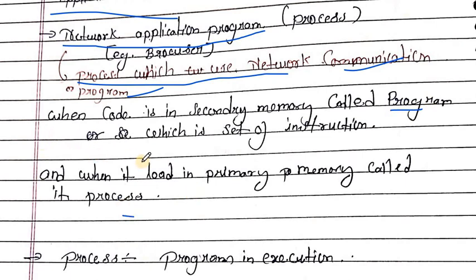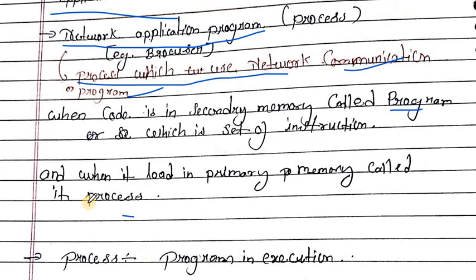When the code is in secondary memory or the hard drive, it is called a program, which is a set of instructions. When the program comes into RAM for execution, it is called a process.